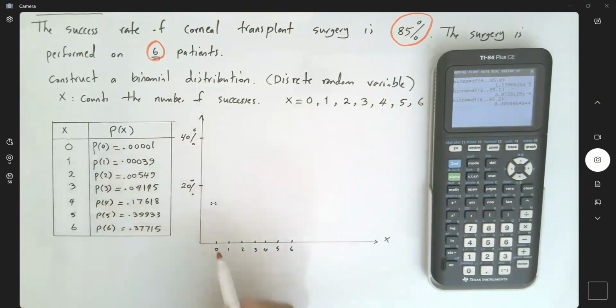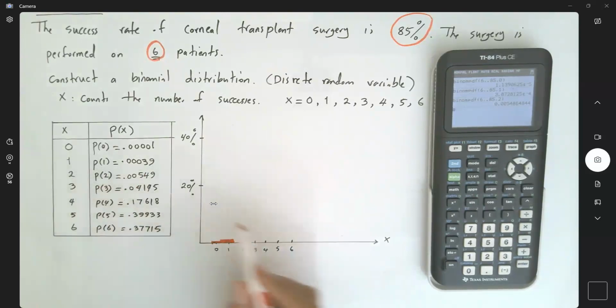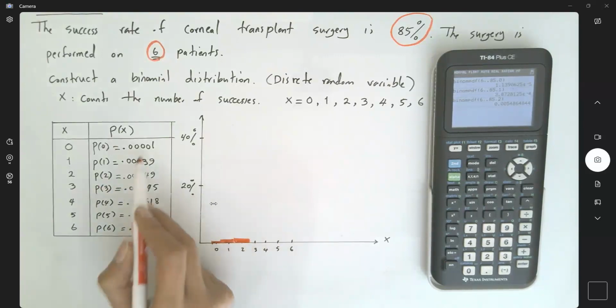This is very small, it's probably going to be a flat bar. The next bar is small as well, so I'm going to move it a little bit up. So you see a little bit of difference between these two. Very small difference. This is going to be a little bit up for X equals 2. Just a little bit. So you see a difference between these small values.